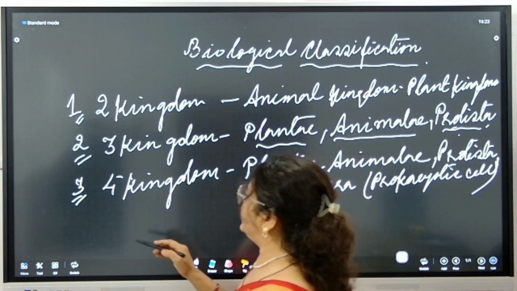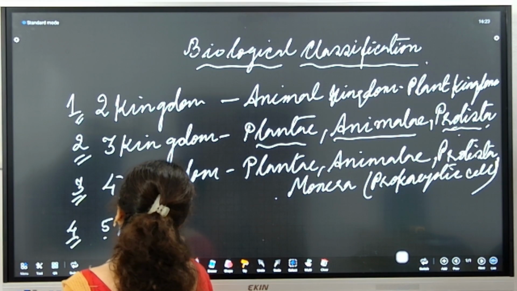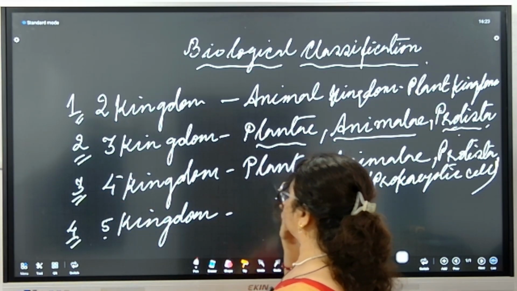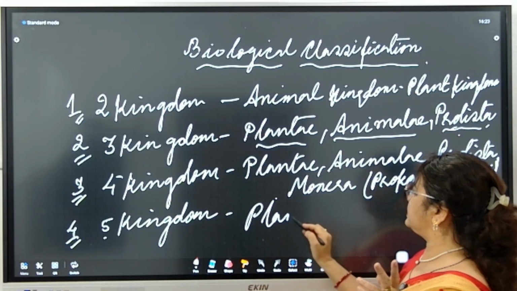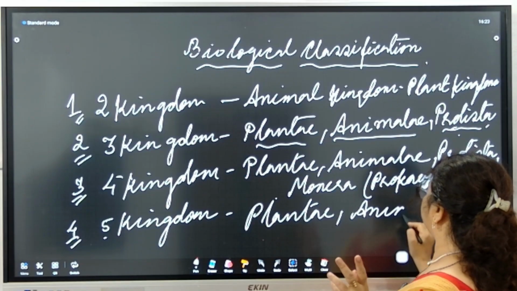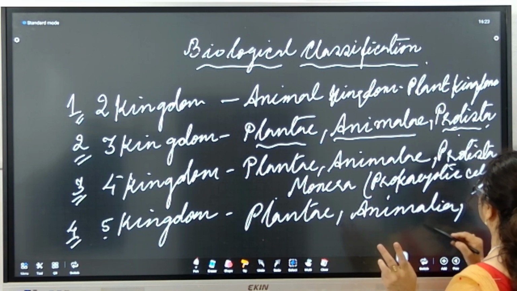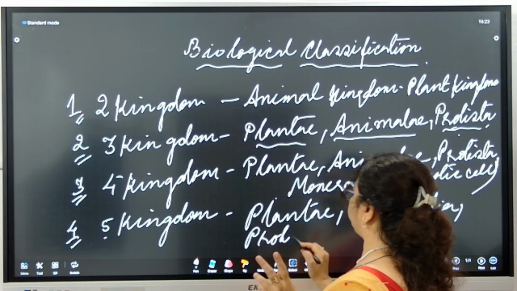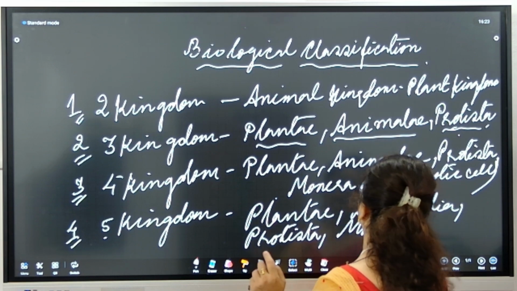So again the next classification came, that is the five kingdom classification. Again, the memory game. The first friend told you Plantae, so you have to say Plantae. The next friend told you Animalia, so you have to remember and say Animalia. Then the next friend told Protista, and then Monera.